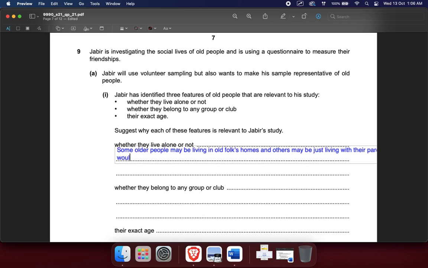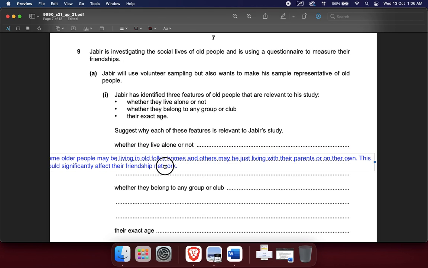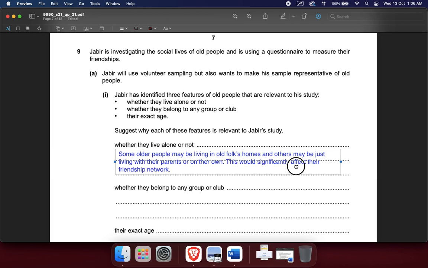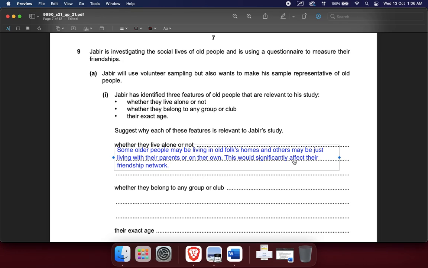This would significantly affect their friendship network. Right? So just think about this. When you live alone, you're probably going to be lonely, right? It's one big problem. And you don't get to talk to other people as often as you might want to. So it could be relevant because some people live alone, some people live in old folks' homes, and that could affect their social life scores.